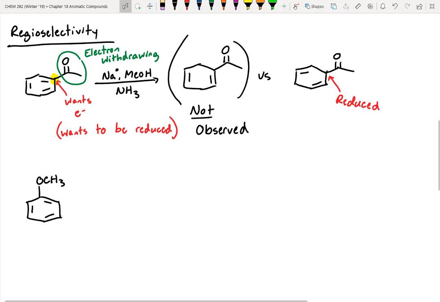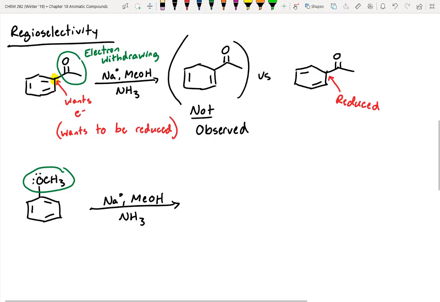All right, so let's do the same thing with this starting material. We've got elemental sodium, we've got methanol, and we've got ammonia. All right, so now the question is, this group, the methoxy group, is that electron donating or withdrawing?